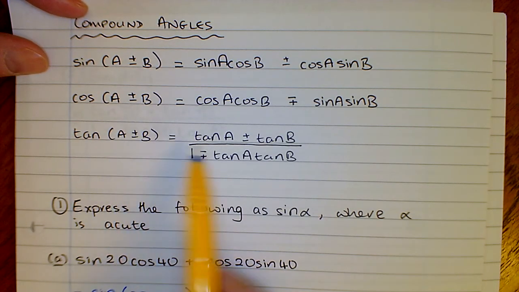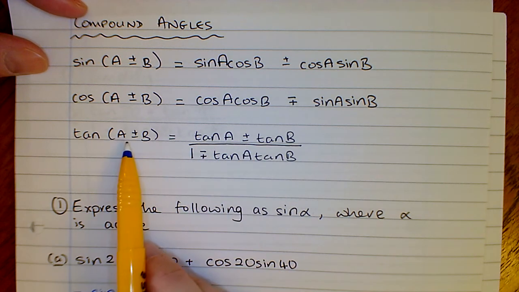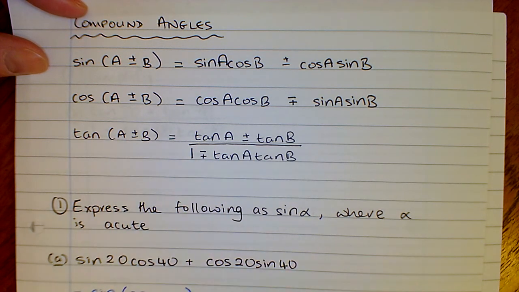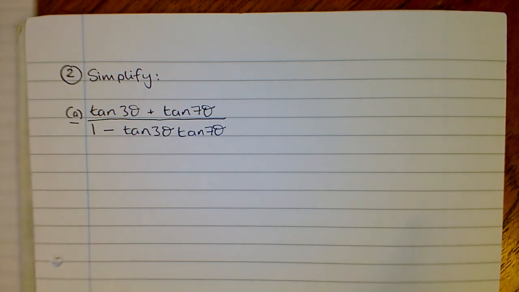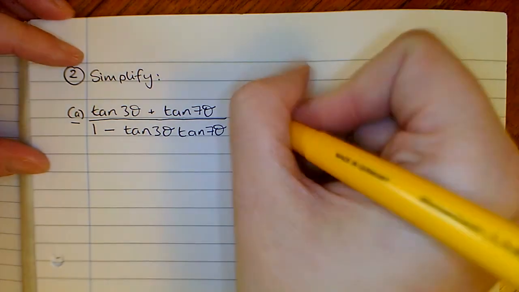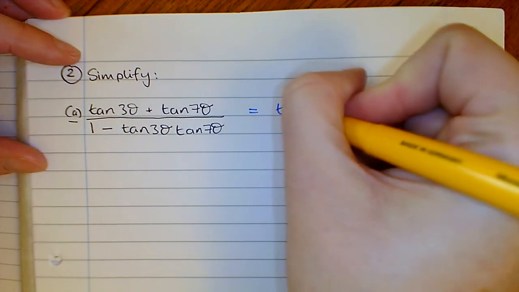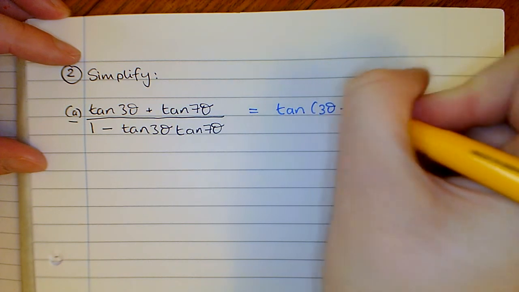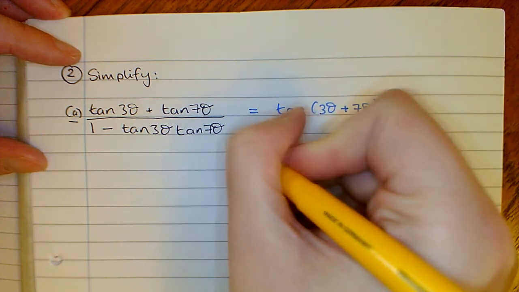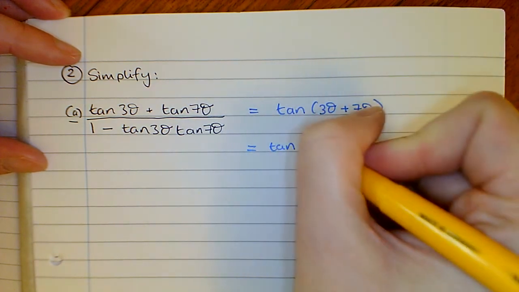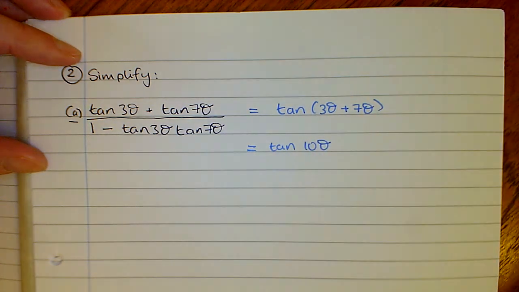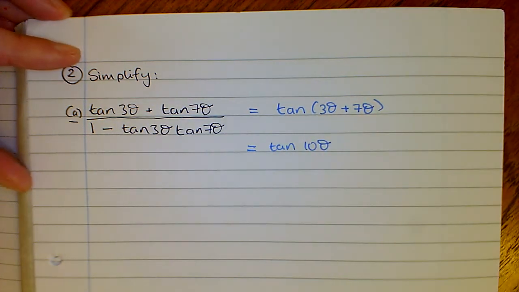So we'll have to remember now that if it's plus here, it's going to be a plus in the bracket and a minus below. Okay, so we can write this then as the tan of 3 theta plus 7 theta. So we can write that as the tan of 10 theta.